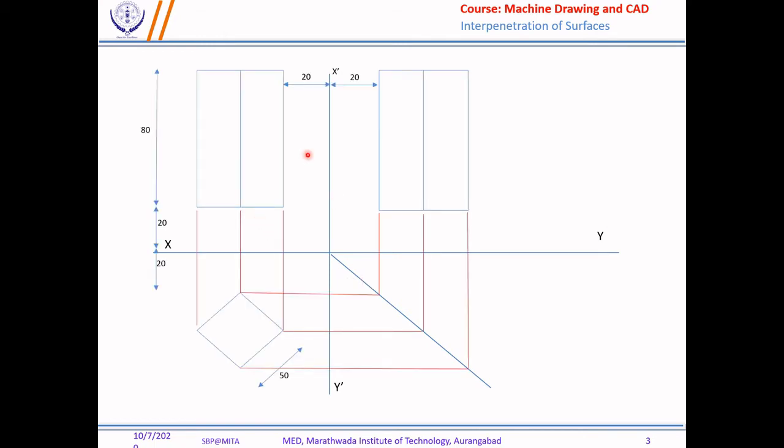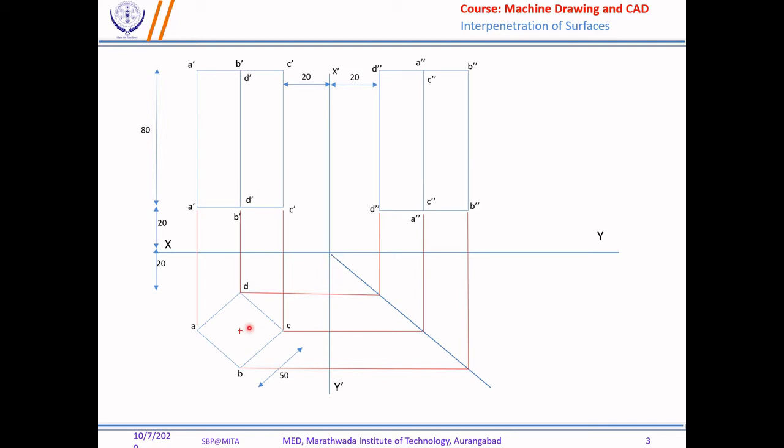As shown in the diagram, this is the front view, here is the top view, and here is the left hand side view. These are drawn at a proper distance from the XY and X dash Y dash lines. The top view represents the exact square prism of side 50 mm, whereas the front view and the side view represent the height of that prism.